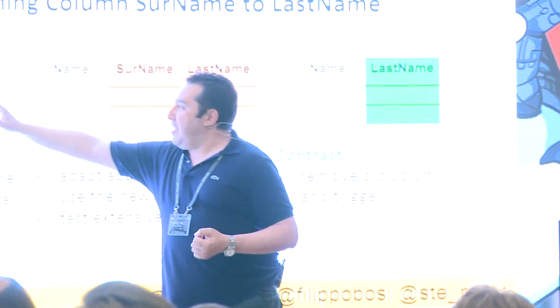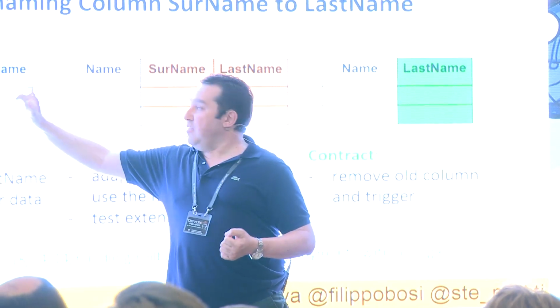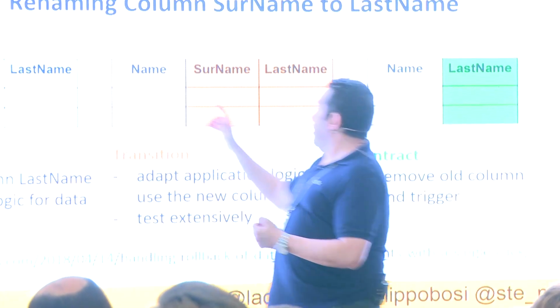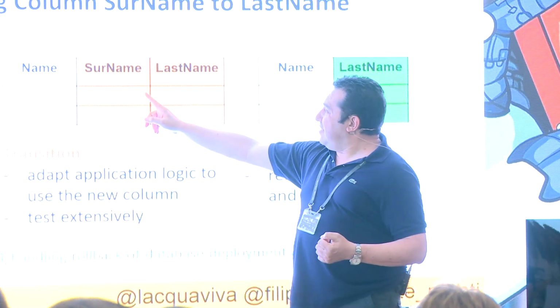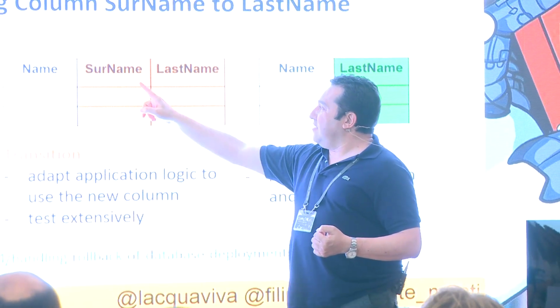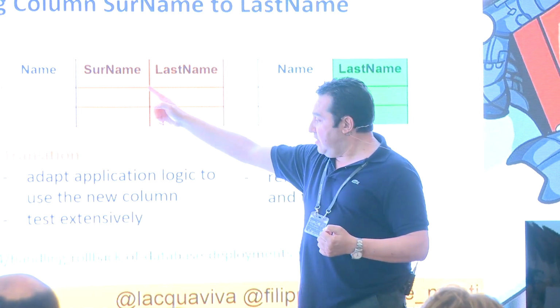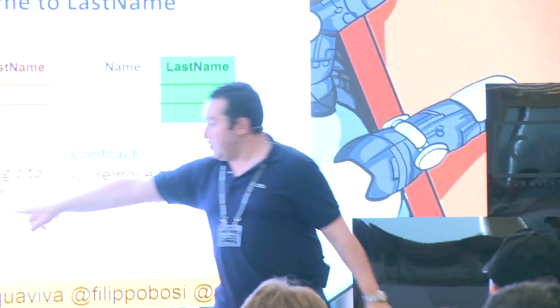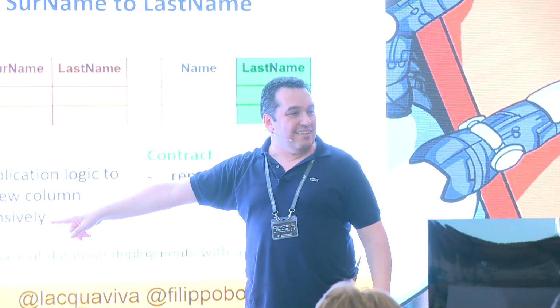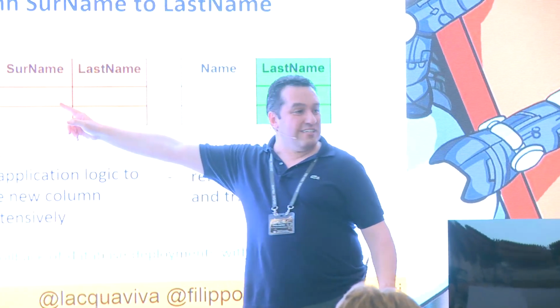So at this point in time, the application is still using surname. Then, with the data aligned, you modify the application to use last name instead of surname. Of course, you have to test extensively that no part of the application is still using surname.